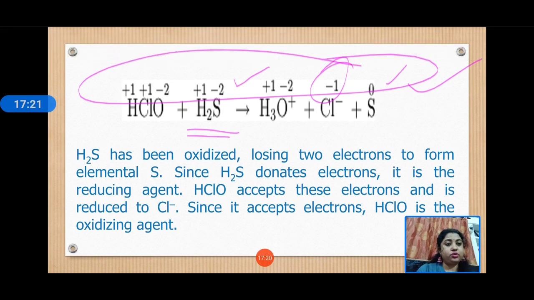Okay, children, do more practice with the examples given in your book to find out where reduction is occurring, where oxidation is occurring. When you are able to find this oxidation and reduction, then definitely you will be able to analyze the oxidizing and reducing agent. Okay, let's proceed.